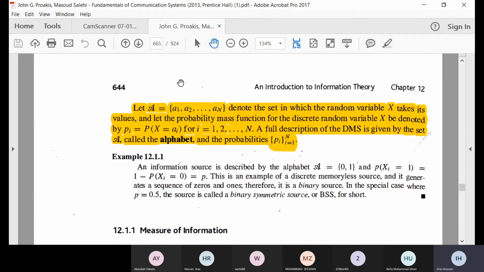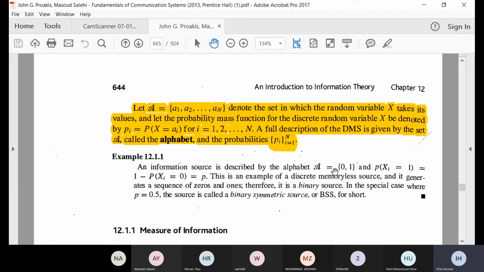So for example, let us say these are the alphabets that can come out of the source after all the process of discretization, and each of these alphabets exists with these probabilities. All right, let us define their probabilities. And so a discrete memoryless source will be given by the alphabet and their probabilities.